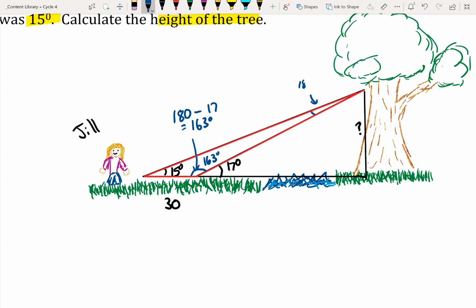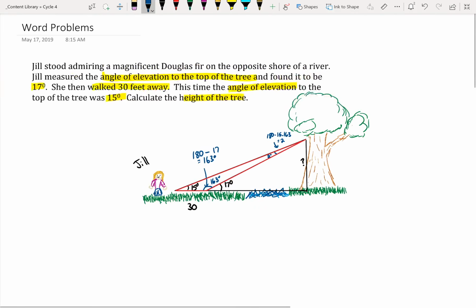So 180 minus 15 minus 163 equals 2. That means this angle in here is 2 degrees.